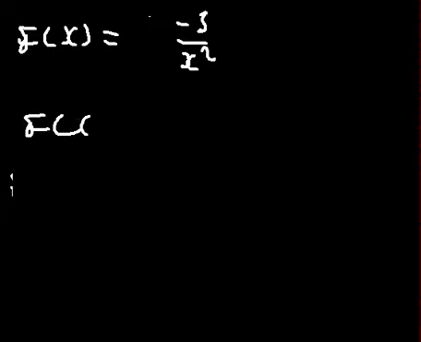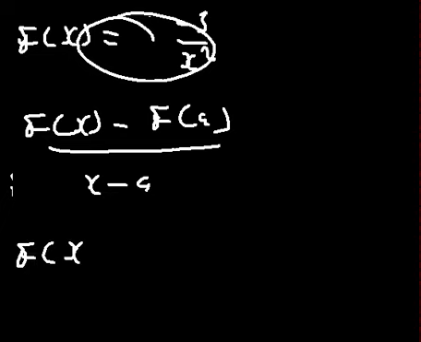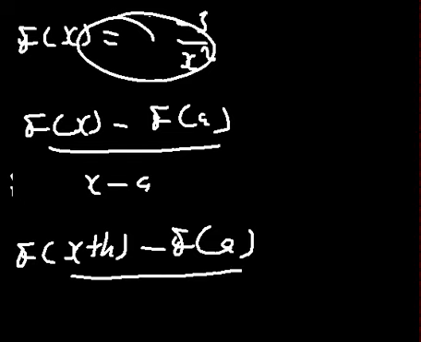So let's say f of x minus f of a, over x minus a, for the same function, and also f of x plus h minus f of x, over h, for the same function. So try to work that out. So that's how the rate of change should be understood.